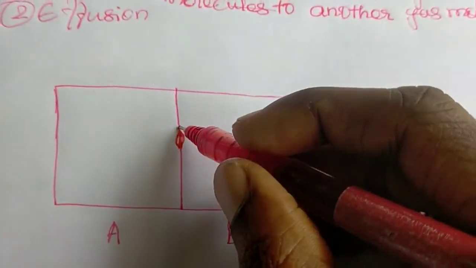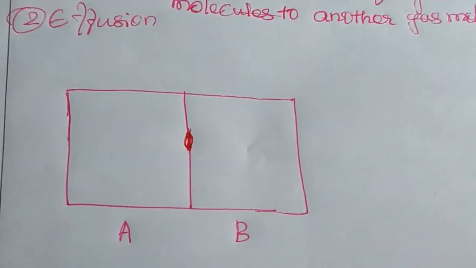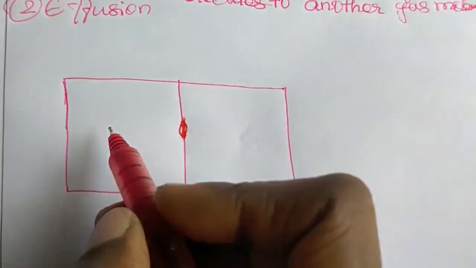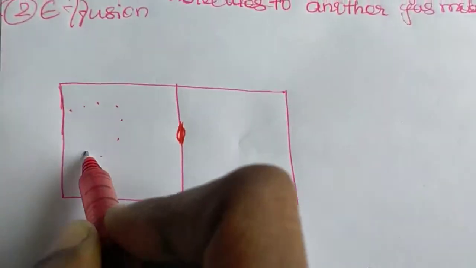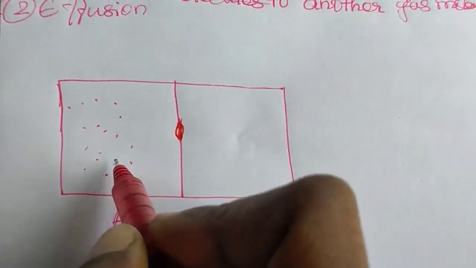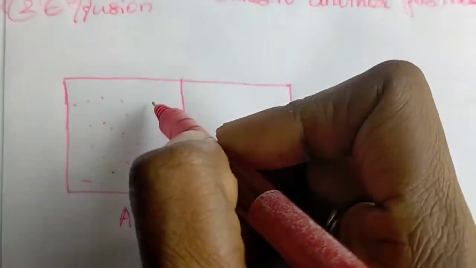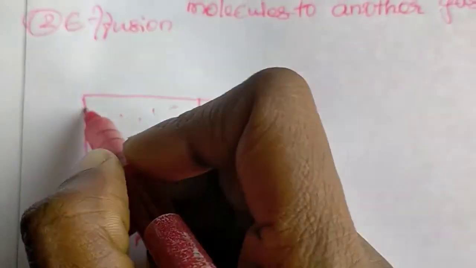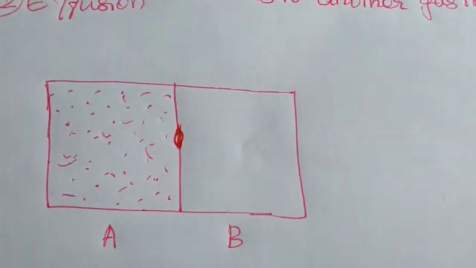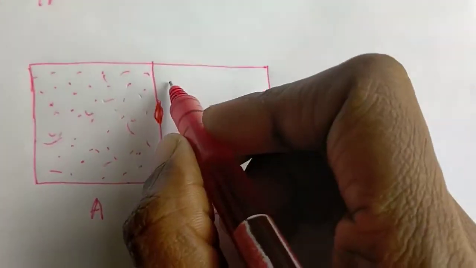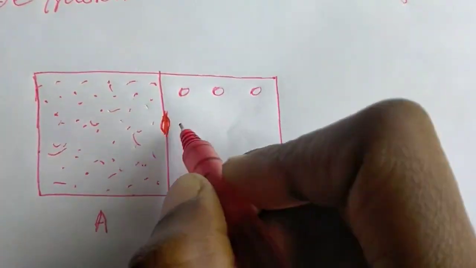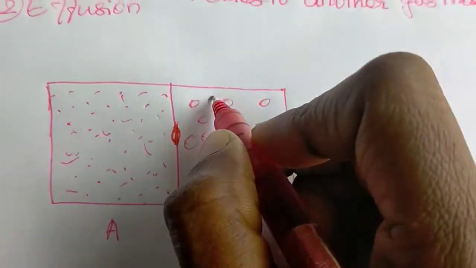Now we closed this hole and fill part A with one gas, some certain amount of gas molecules. Then we fill part B with another type of gas molecules.